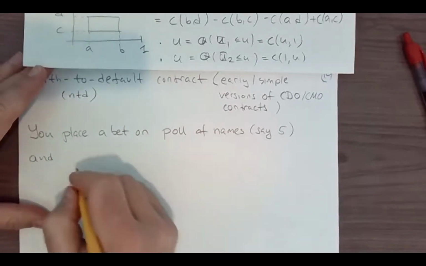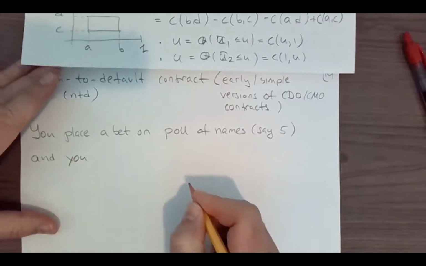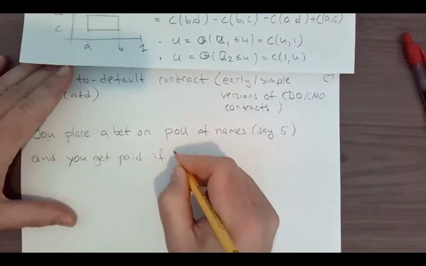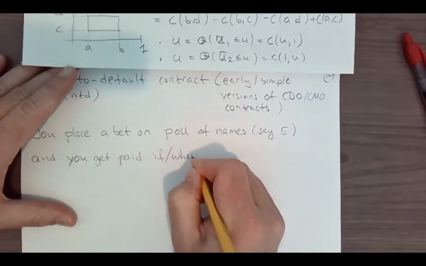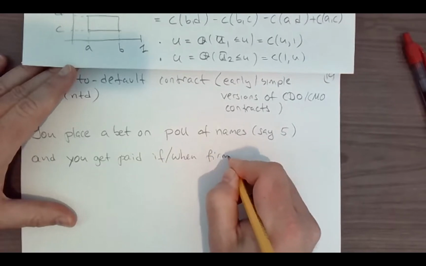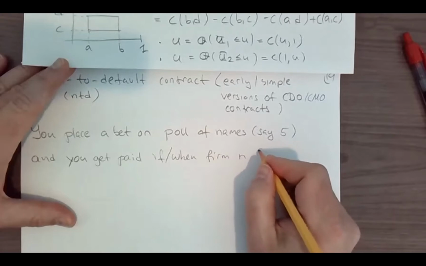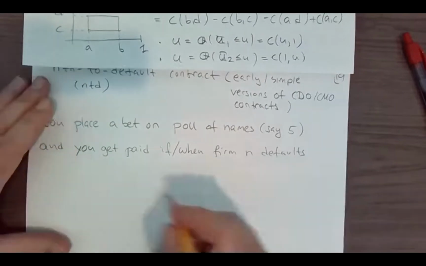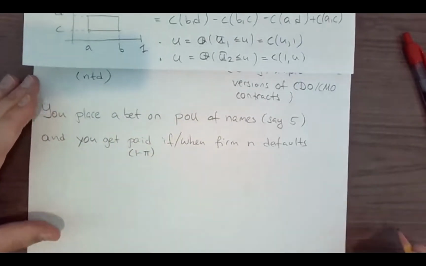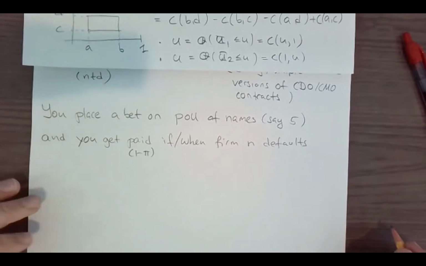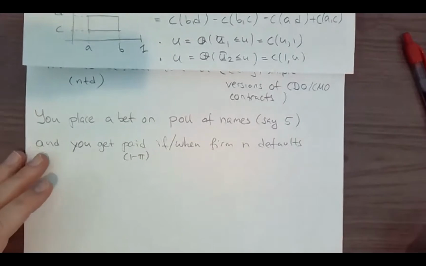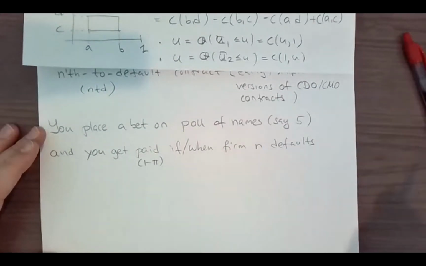Depending on the size, if you're long or short, you get paid if and when firm n defaults. And you get paid 1 minus pi. So you have, say, 5 names, and you're betting that there will be a second default. If n is equal to 2, you're betting on the second default.